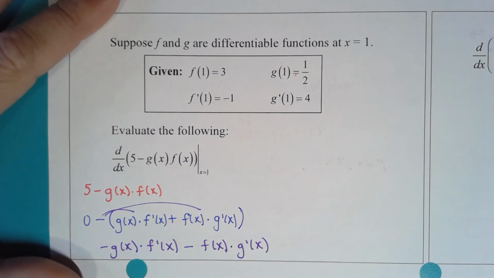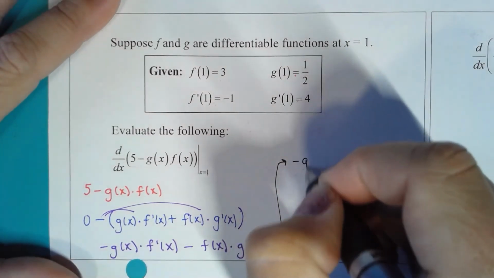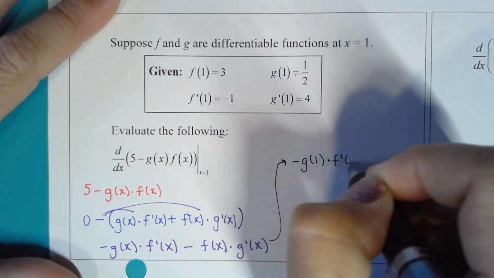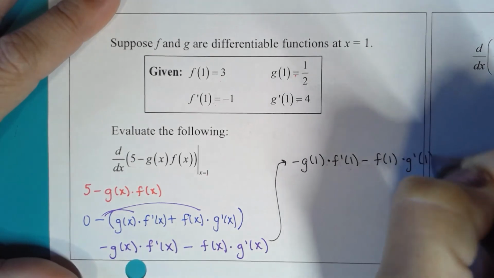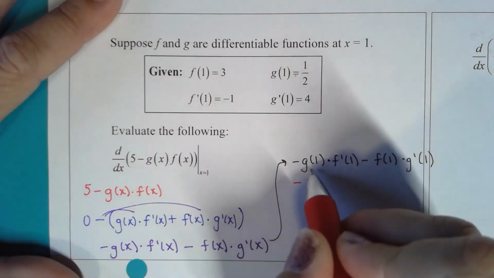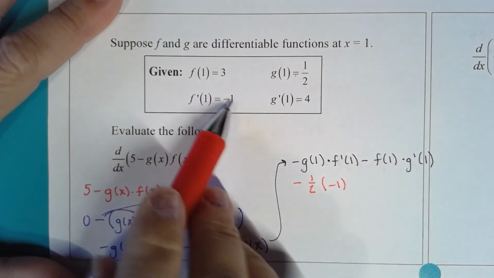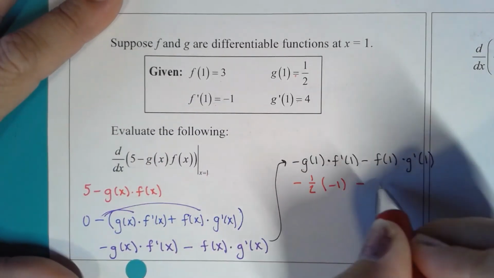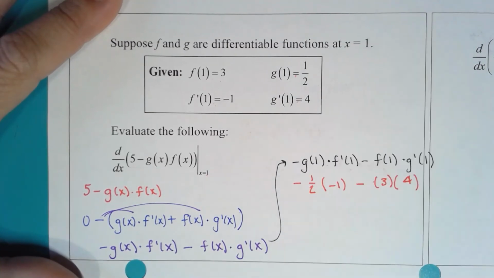There's my derivative. Let's go plug in the 1. All I'm doing right now is replacing all of my x's with 1's. Now let's just go get all those values out of the chart. So I have negative 1/2 times negative 1 minus 3 times 4.